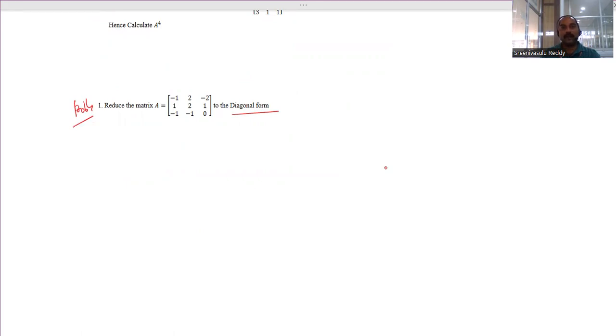So find the eigenvalues. I give these two problems for you. I want to pick a previous problem, where we already have eigenvalues and eigenvectors, from the previous topic.